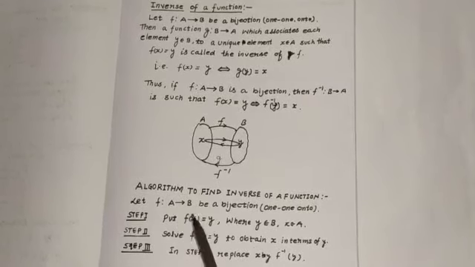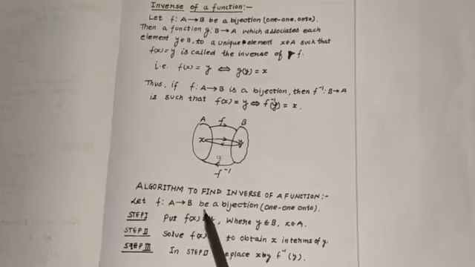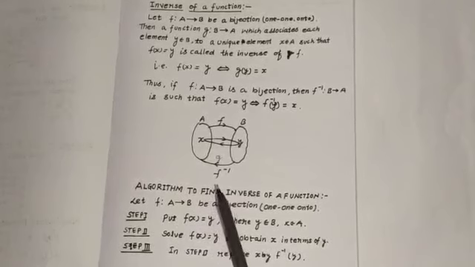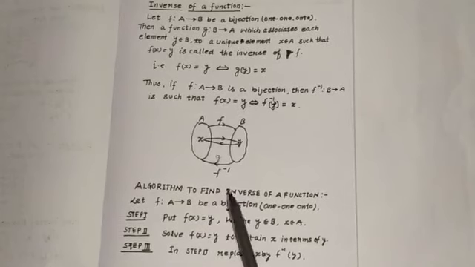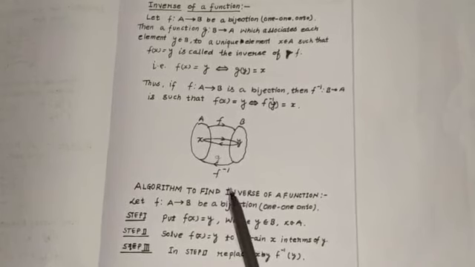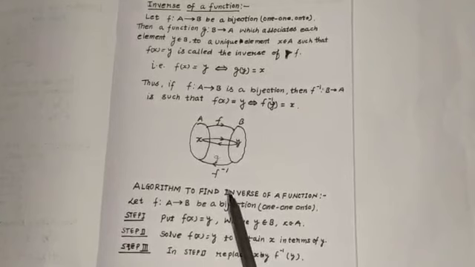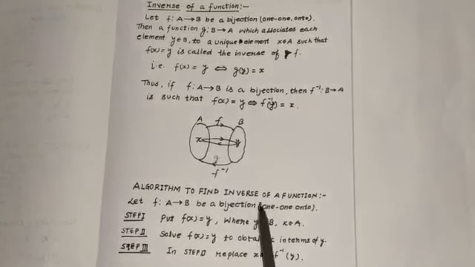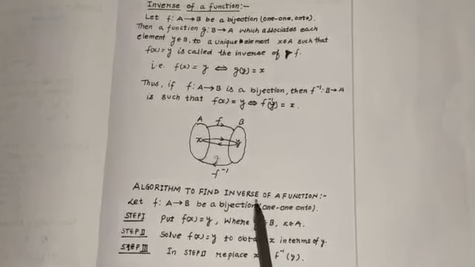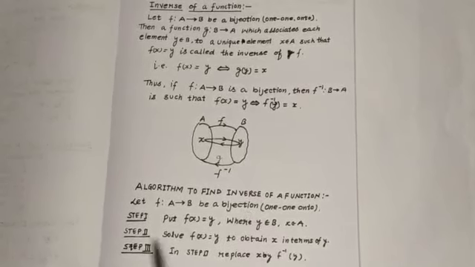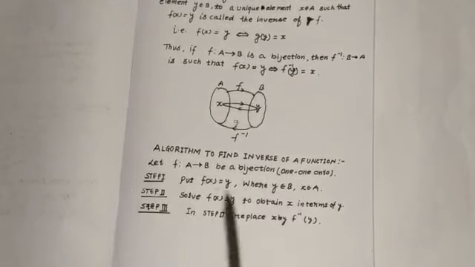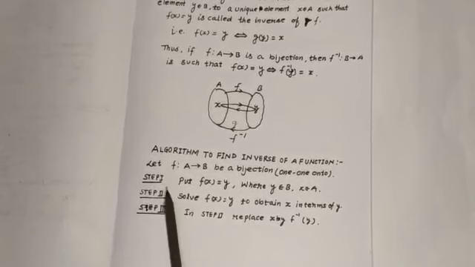Every bijective function is an invertible function. It means we can find the inverse of only a bijective function, the function which is one-one and onto will be invertible.